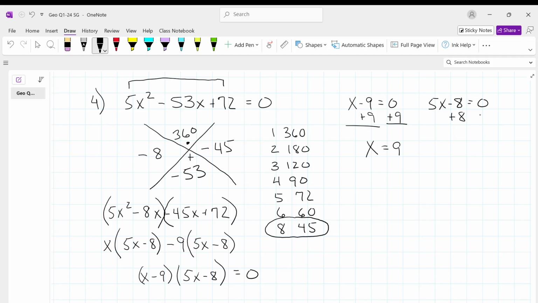We're going to add 8 to each side. 5x equals 8, and then divide by 5. So our solutions are 9 and 8/5.